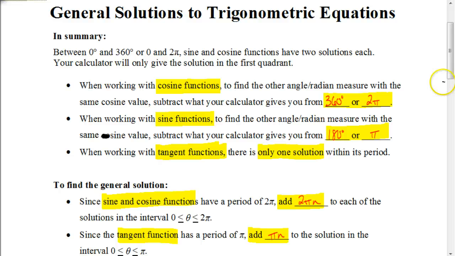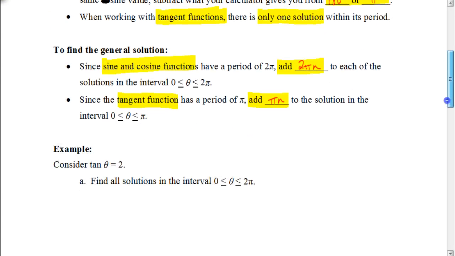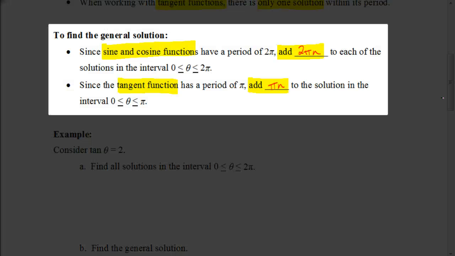Now, let's talk about the general solutions. Since the sine and cosine functions have a period of 2 pi, we add 2 pi n to each of the solutions in the interval between 0 and 2 pi. In other words, in one period, we take whatever the solutions are and add 2 pi n to each of those, and that will give us our general solution.